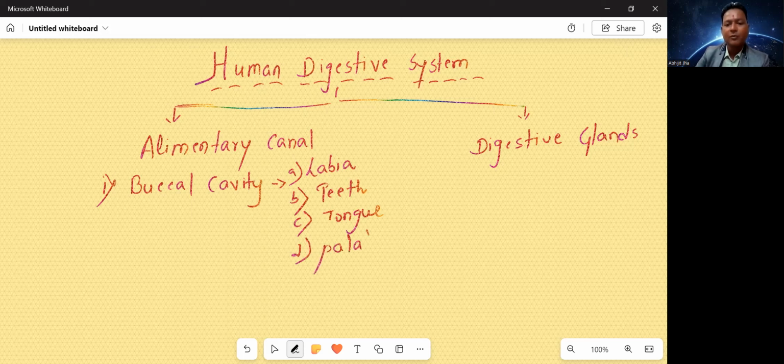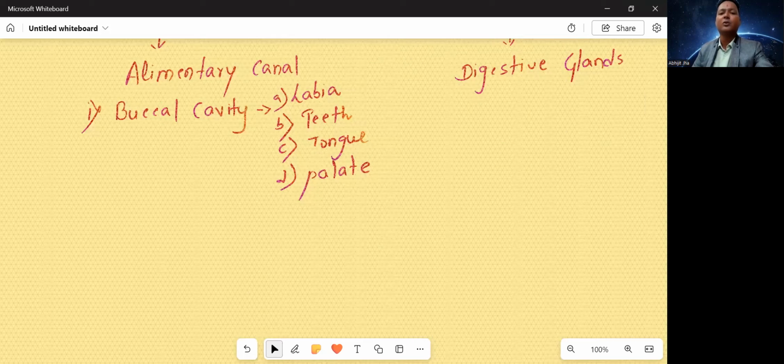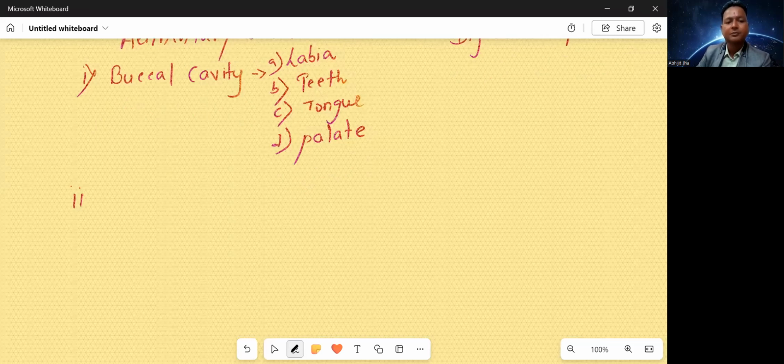So the buccal cavity consists of four different parts: labia, teeth, tongue, and palate.